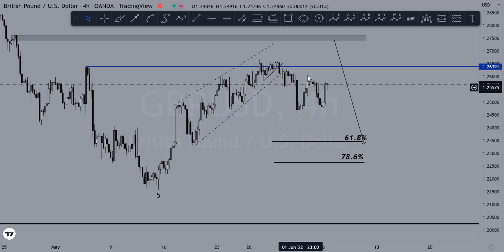So overall, because of the direction of the DXY, I'm still expecting to sell this, but I don't like this momentum. I don't think I would want to risk much on this. So if I take this trade, I'm going to be using small lot sizes, because this is trouble.